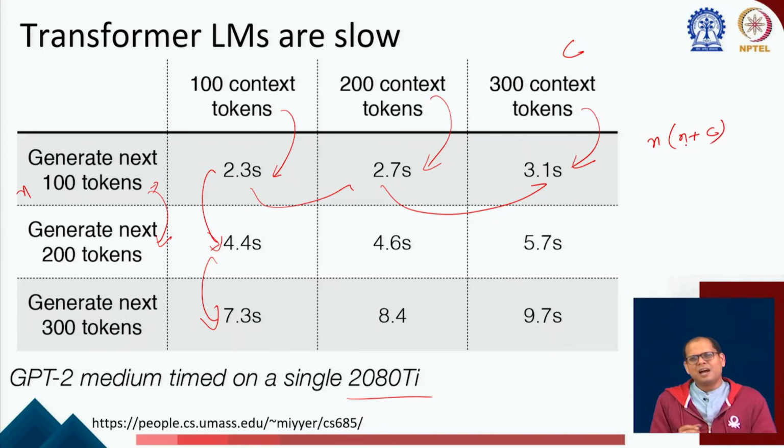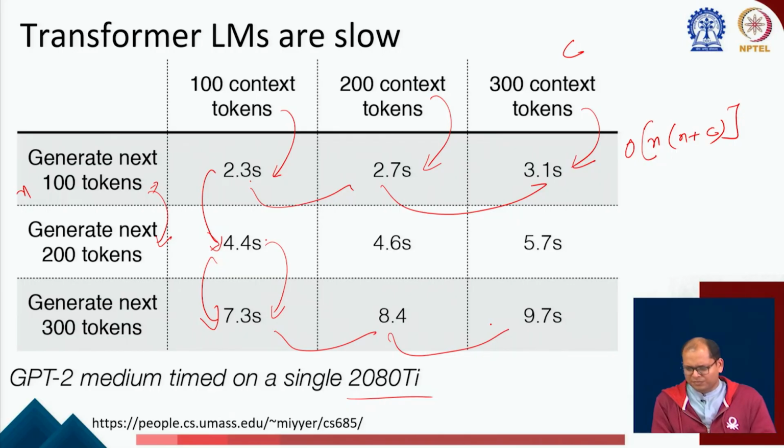So that will be how the computation will happen. So order n plus c. Because you are getting keys and values from everything and multiplying them, right. So that's why 2.3 to 4.4, 4.4 to 7.3, it increases. And here there is a linear sort of increase.